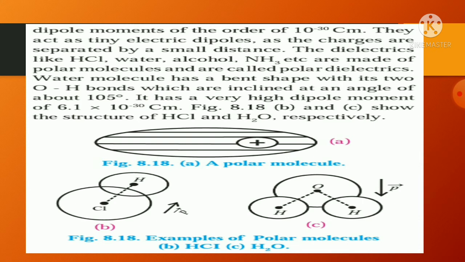So it has a very high electric dipole moment, of the order of 6.1 into 10 raised to minus 30 coulomb meter. Figures 8.18b and c show the structure of the HCl, that is hydrochloric acid molecule, and the water molecule, that is H2O, respectively, as shown in the figure below.